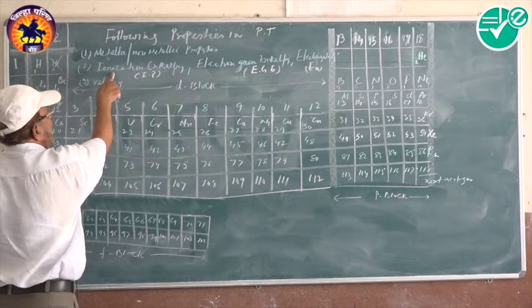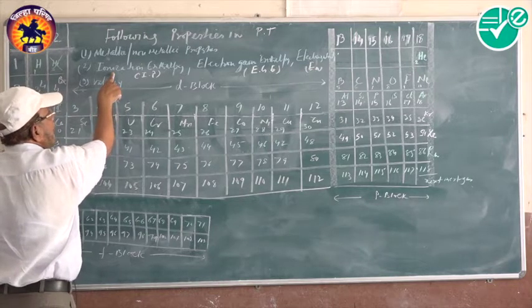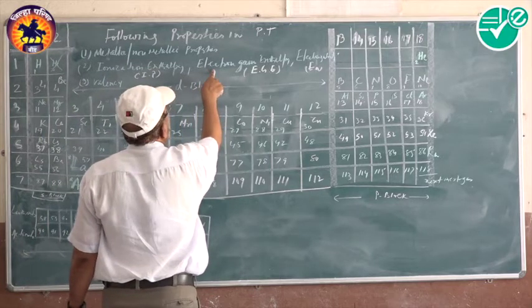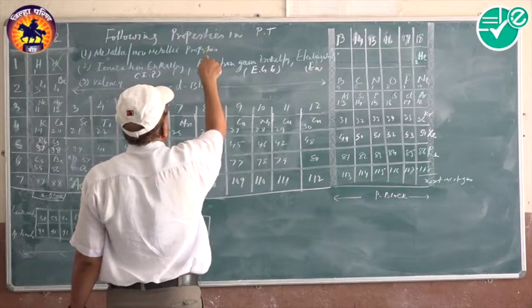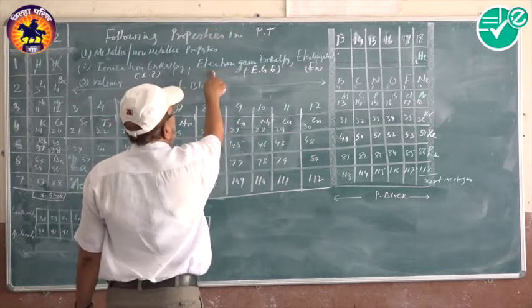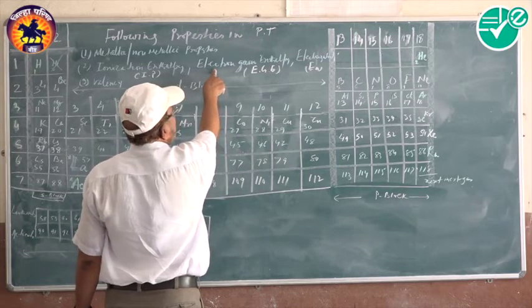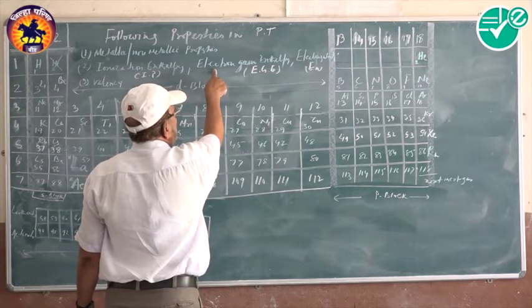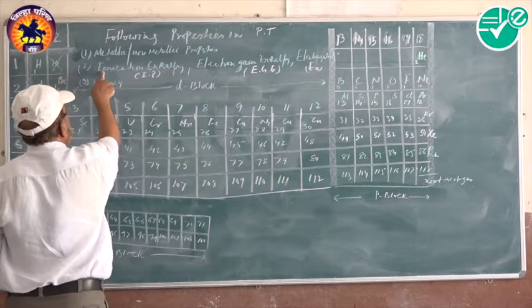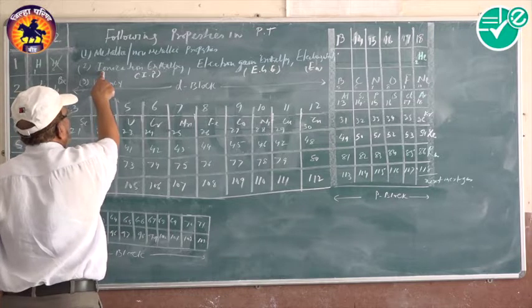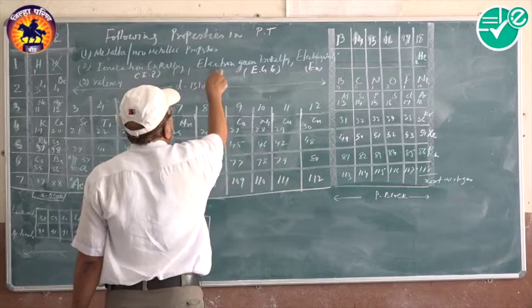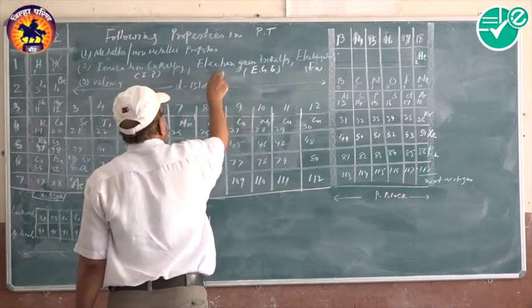And vice versa, the amount of energy released when an electron is added to an isolated gaseous atom is called electron gain enthalpy.